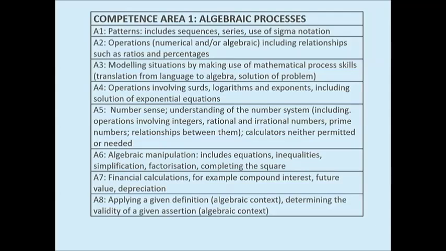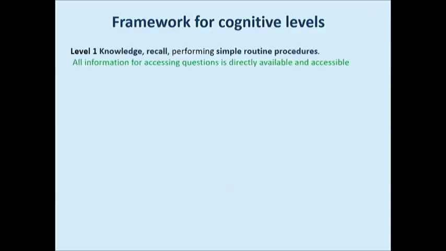So as you can see, A1, the competence area, algebraic processes, is further subdivided, and we test things like patterns, sequences, series, all things not uncommon to the NSC curriculum. Okay, and then going all the way to the bottom, A8, applying a given definition, determining the validity of a given assertion. Okay, the framework for cognitive levels: level 1 will just test knowledge and recall and simple routine procedures.